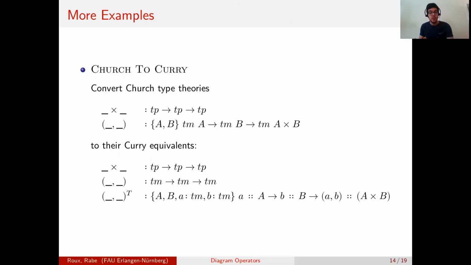Instead, we could also follow the Curry variant, having again a type constructor and then an untyped term constructor. I hope you can see that. As an implication, we can then construct the pair of everything.